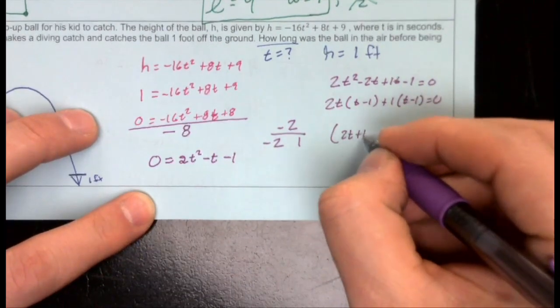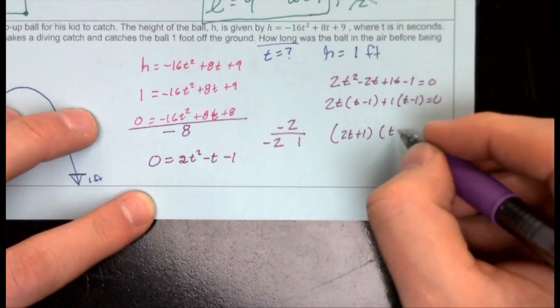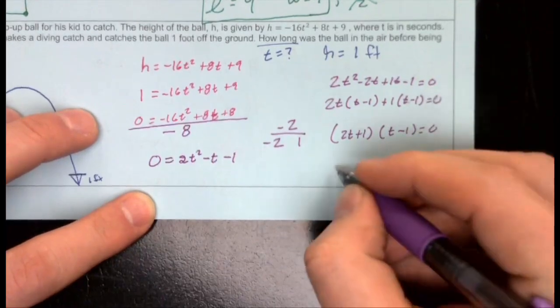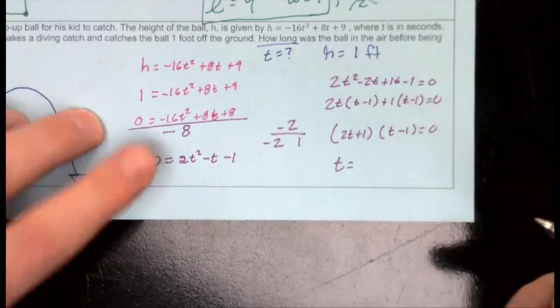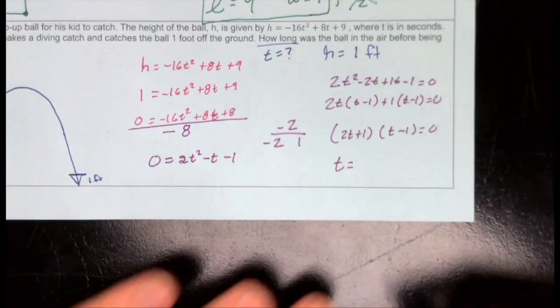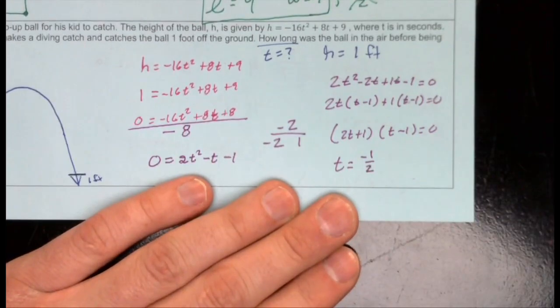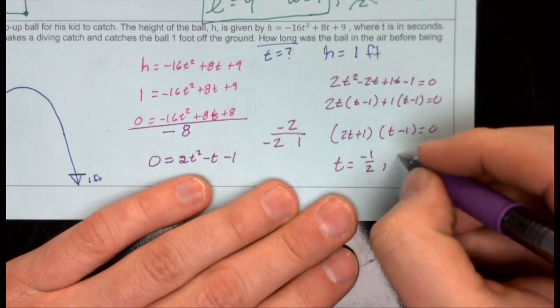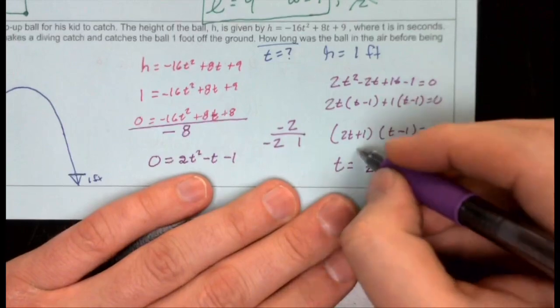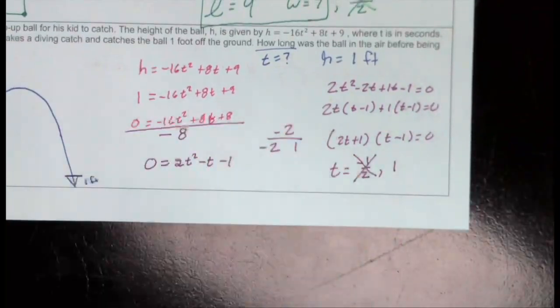Two t plus 1 and t minus 1. So the times that the ball is 1 foot above the ground is negative half a second and positive 1 second. So we're going to toss out the negative answer.